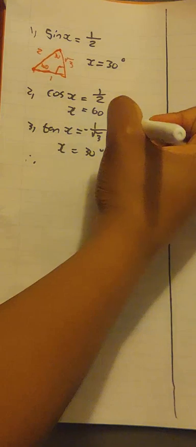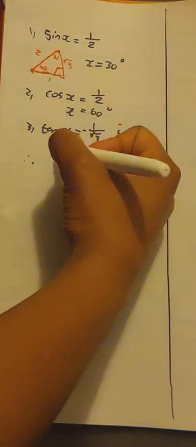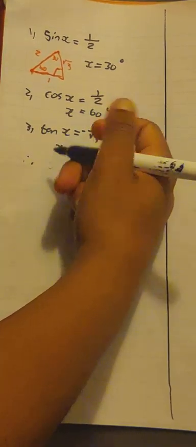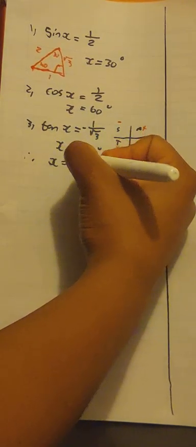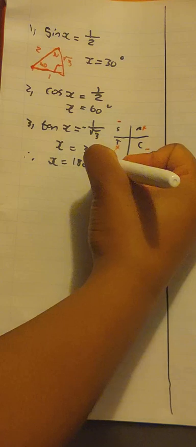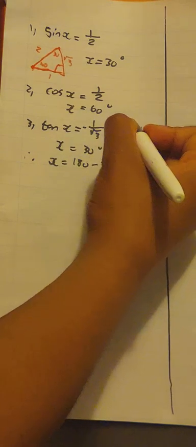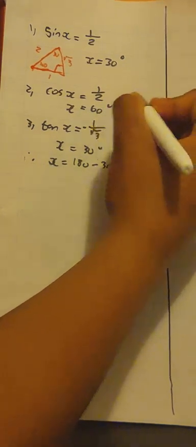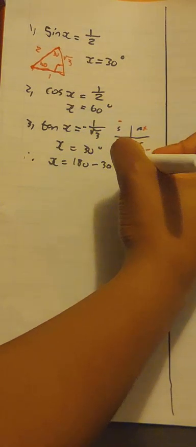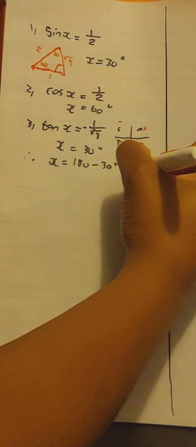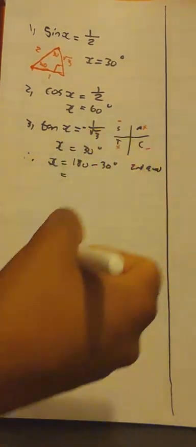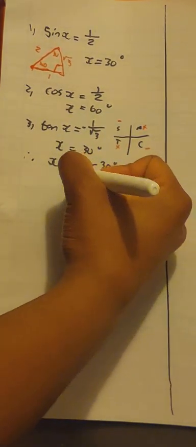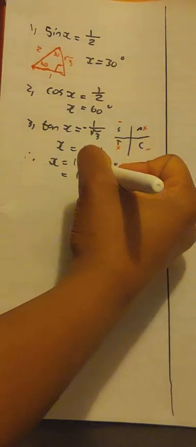Okay guys, let me just do this. On second quadrant, x is equal to 180 minus 30 degrees. Remember on this side, it's 180 minus the given angle. We're going to say second quad to show we are solving for second quad. So 180 minus 30, I believe it's 150.